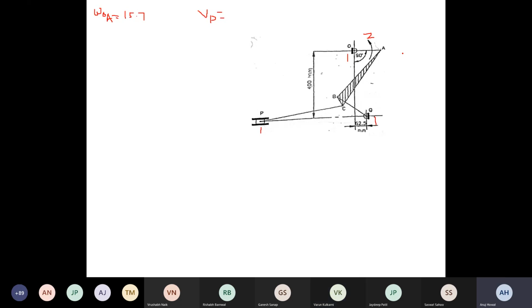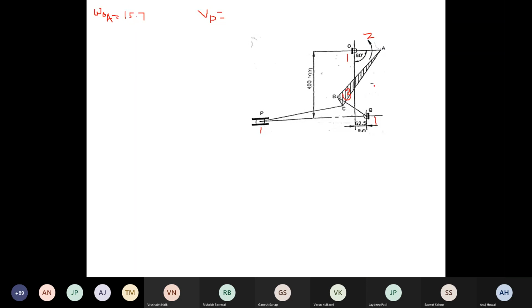ABC. Third link is the ternary link. A, B, C is the third link. Don't count A, B is a one link, B, C is another link, A, C is another link. There is a hatching portion, means it is a ternary link.